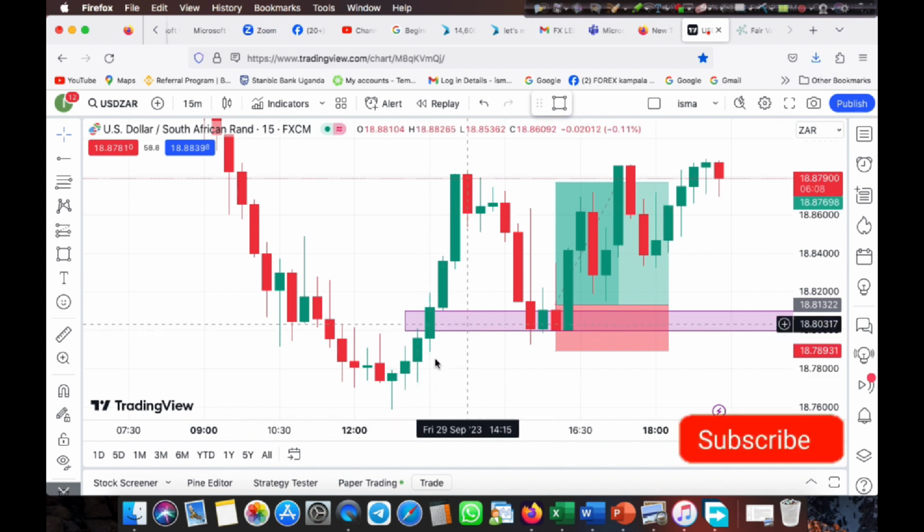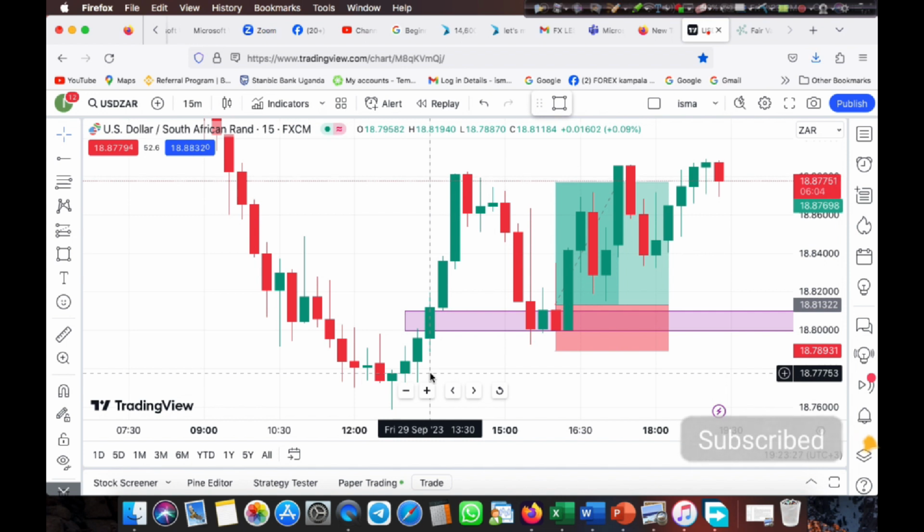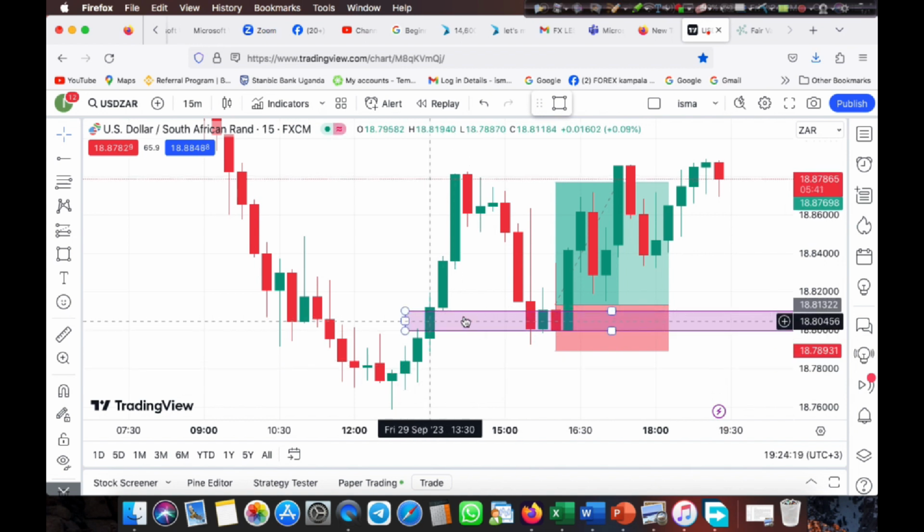Regardless of any gap that may come in the future, strictly on this candlestick formation we may not consider it, because the market will always aim at the first fair value gap to be filled, and once that is filled, the rest of the others that may have come in the future are also filled. So this is number 1, the first fair value gap.